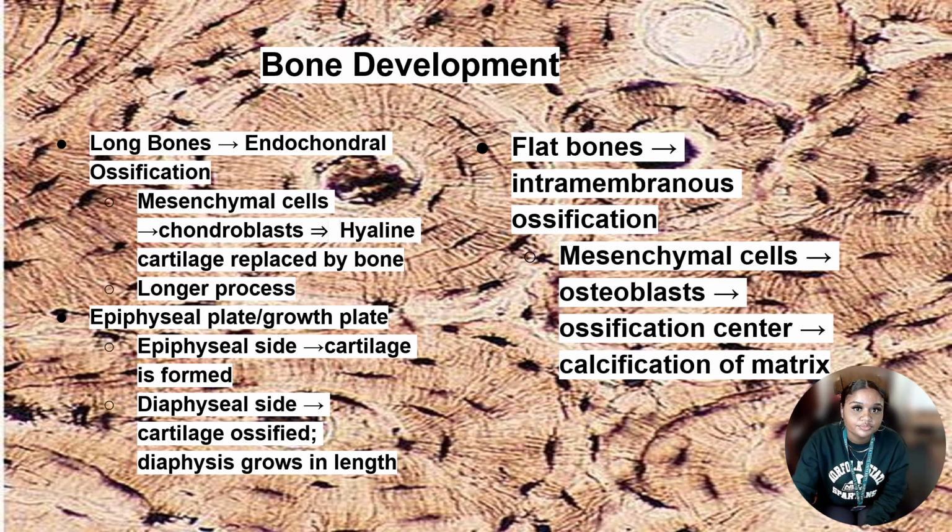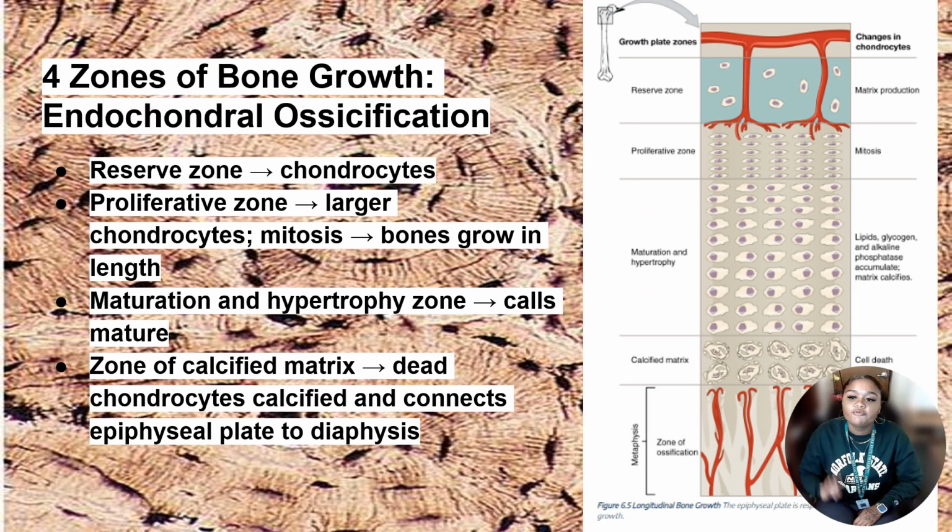All right, 4 zones of bone growth. This is going under endochondral ossification. So pretend this is your entire growth plate right here, the growth plate zones, which is your epiphyseal plate for a pediatric patient, right? You've got your reserve zone where the chondrocytes are located, and then your proliferative zone.